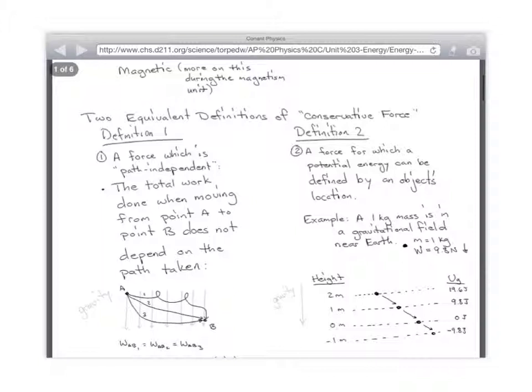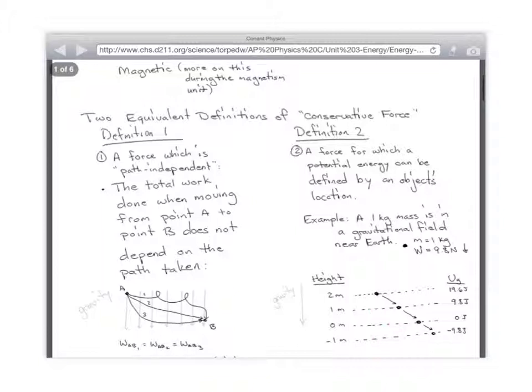For example, if you have a mass of 1 kilogram and you're 1 meter high, what's your gravitational potential energy? 9.8. If you're 2 meters high? 19.6. Does it matter how you got from here to there? No. All that matters is your location.